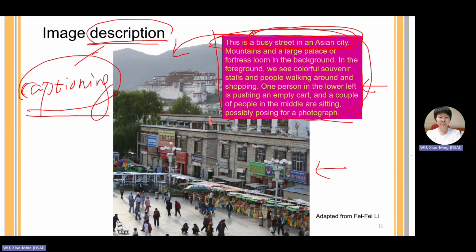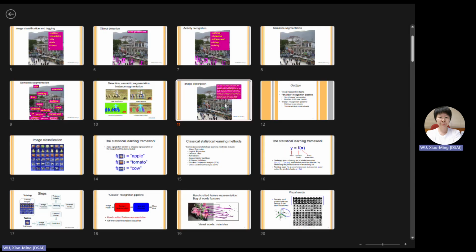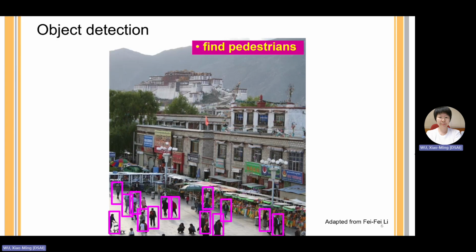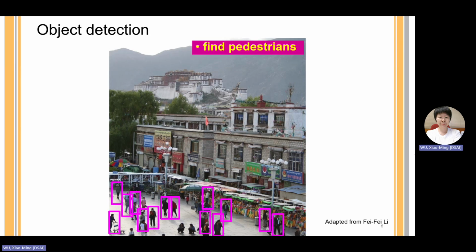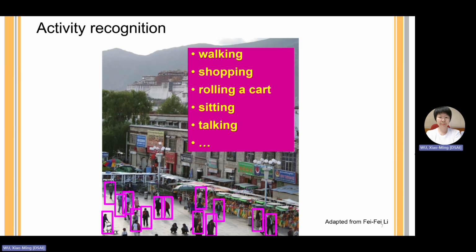So that's the key difference. In object detection, we find, for example, the pedestrians. In activity recognition, we first locate the persons, and then we can classify their activities based on the features or contents within the bounding box.